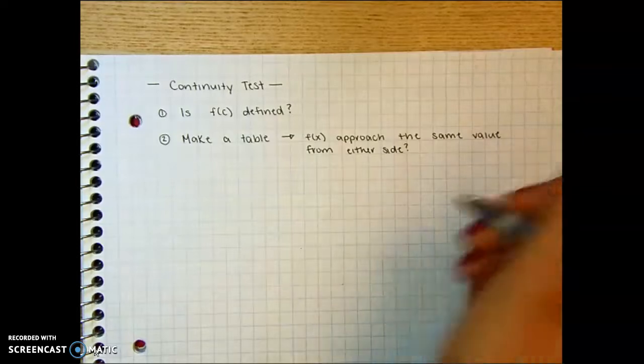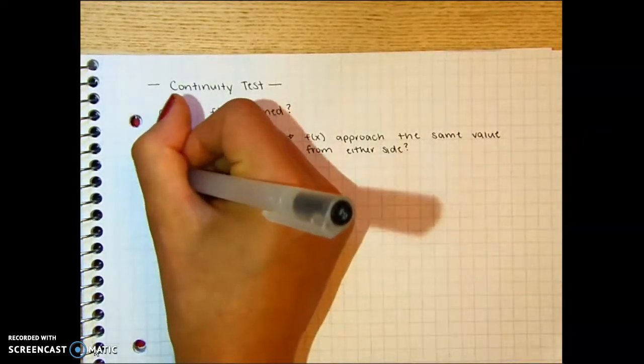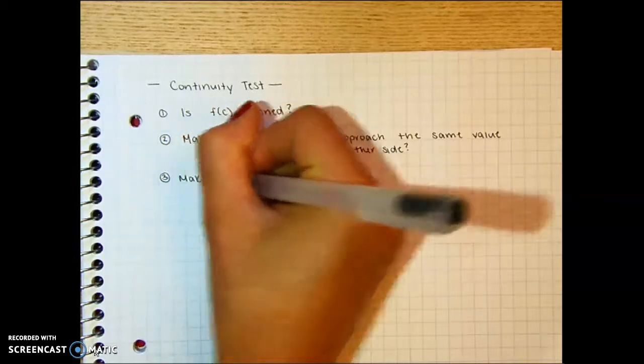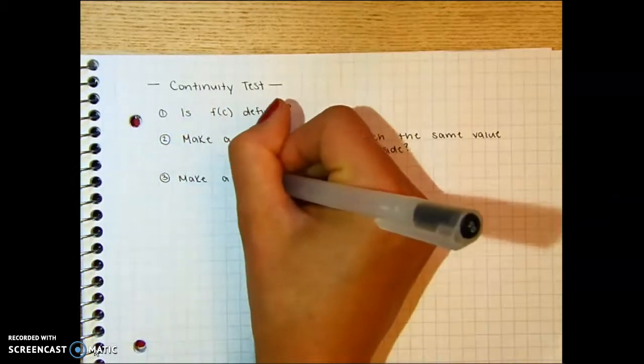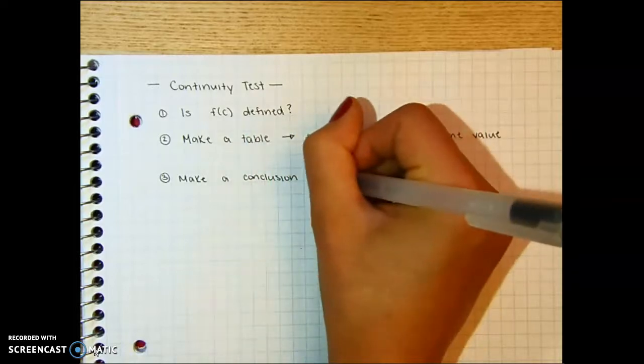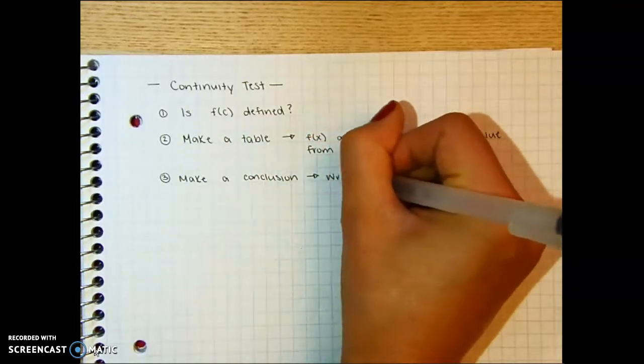Okay. And then the third thing we do is we make a conclusion. And then we have to write a limit if we can.